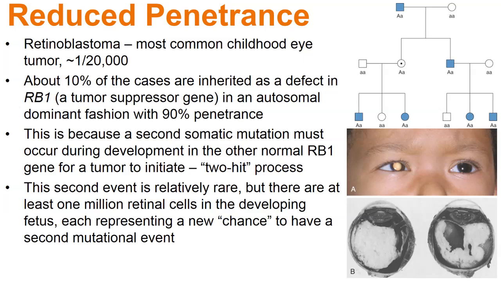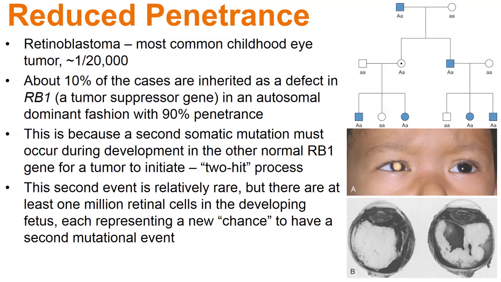So that's where autosomal dominant and recessive get a little bit weird as well. It's inherited as a dominant condition, but ultimately the second gene also needs to be knocked out to see the symptoms. In 90% of the cases, you do see symptoms. And why is that? Well, you've got millions, or at least 1 million retinal cells, and each one of those is going to divide.